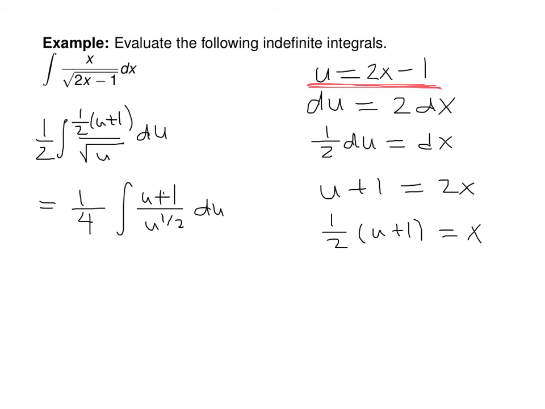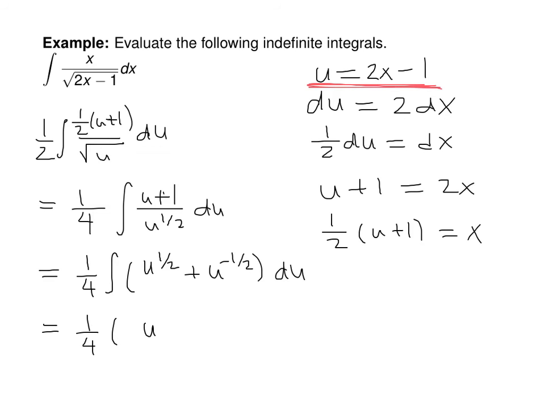Divide both components of the numerator by u to the 1/2. We'll have 1/4 antiderivative of u to the 1/2 plus u to the negative 1/2. And now you've reduced it to a power rule which you can antidifferentiate. So 1/4 times u to the 3/2 times 2/3 plus u to the positive 1/2 times 2, plus c.